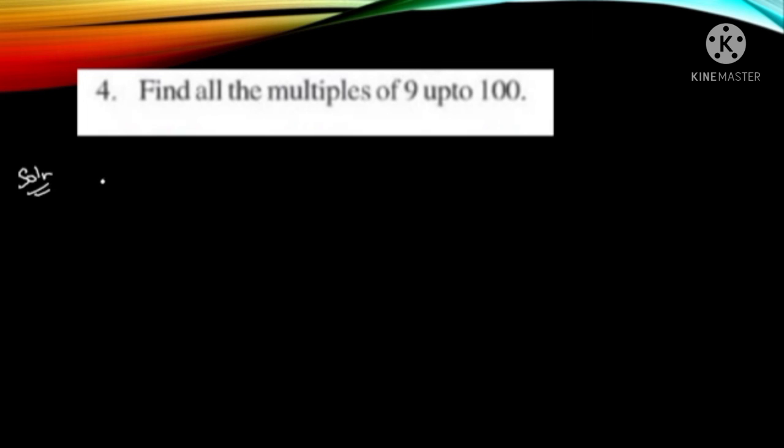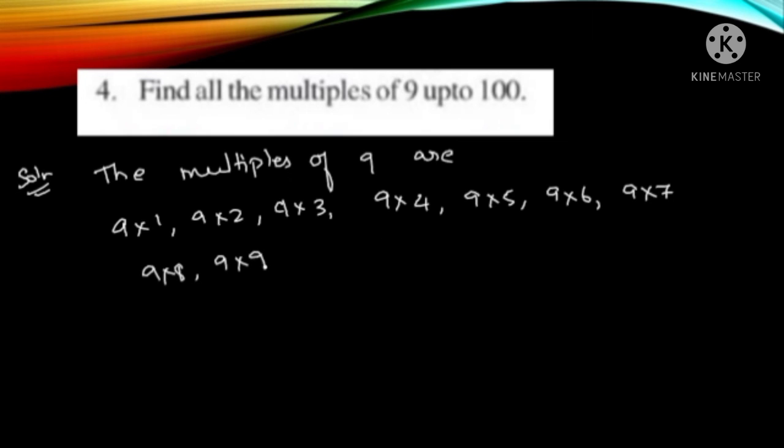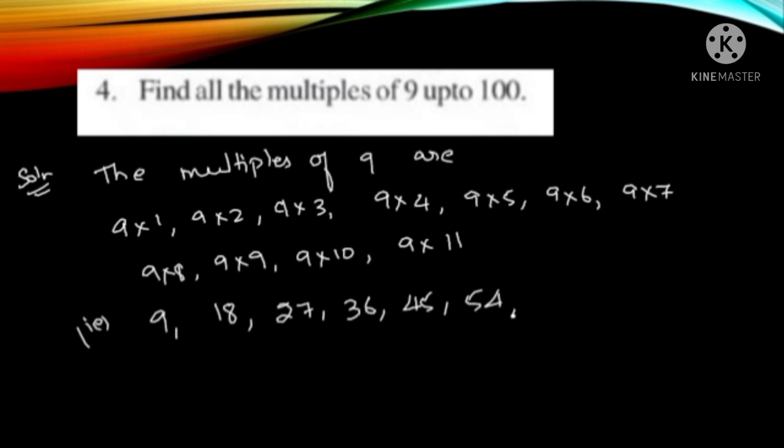So the solution, the answer, that is the multiples of 9 are 9 ones are, 9 twos are, 9 threes are, and so on up to 9 elevens are. That is, 9 ones are 9, 9 twos are 18, 9 threes are 27, 9 fours are 36, 9 fives are 45, 9 sixes are 54, 9 sevens are 63, 9 eights are 72, 9 nines are 81, 9 tens are 90, 9 elevens are 99. If we take 9 twelves, it exceeds. They have asked only up to 100. So we must finish with the number just before 100.